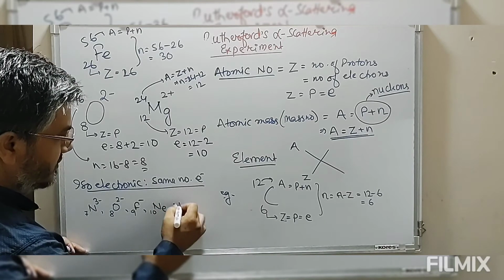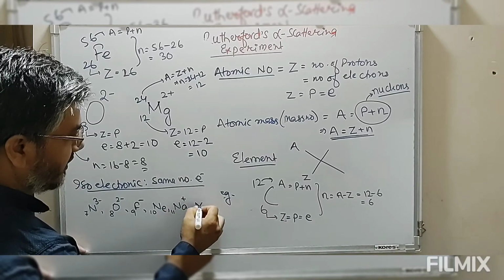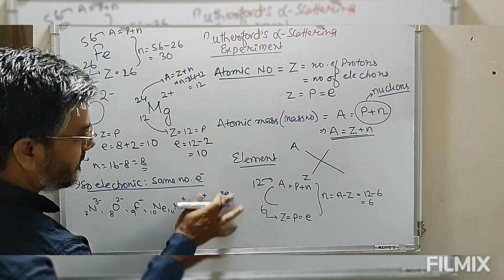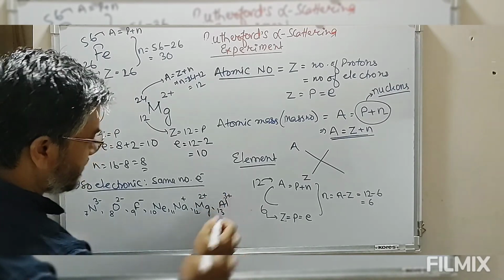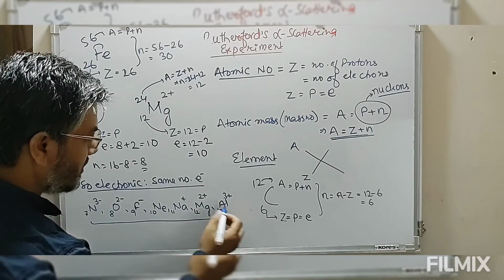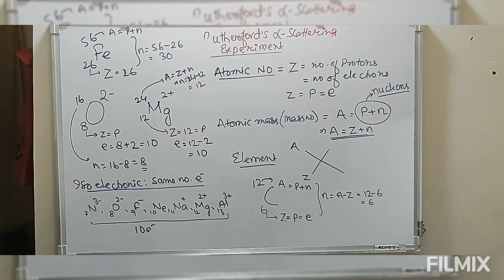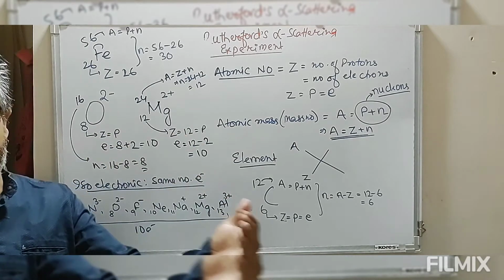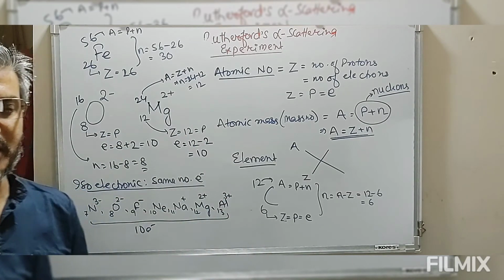We can also have sodium plus, 11 minus 1, magnesium 2 plus, and aluminium 3 plus. All of these have 10 electrons, so these are known as isoelectronic. Any species having the same number of electrons is known as an isoelectronic species.